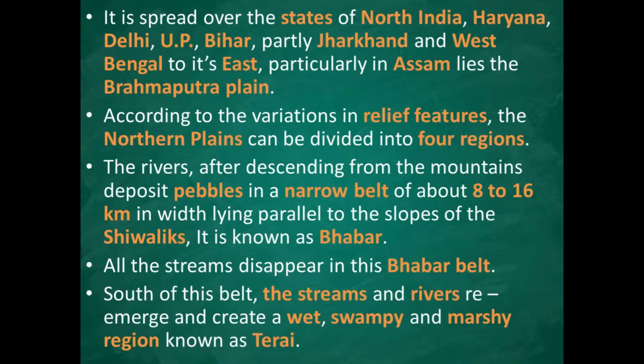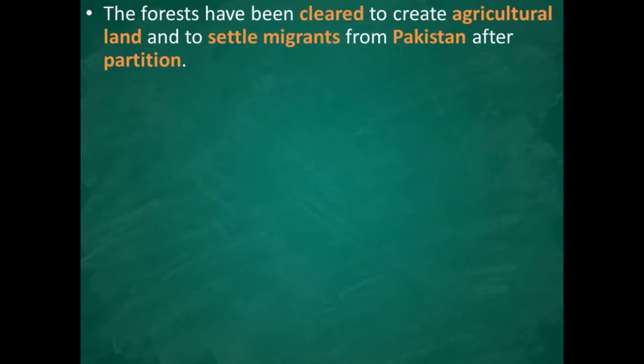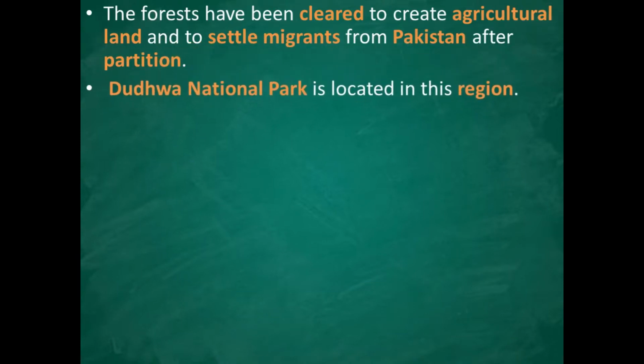South of the belt, the streams and rivers re-emerge and create a wet, swampy and marshy region known as Terai. The forests have been cleared to create agricultural land and to settle migrants from Pakistan after partition. Dudhwa National Park is located in this region.